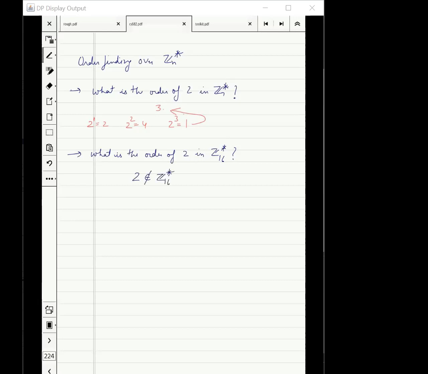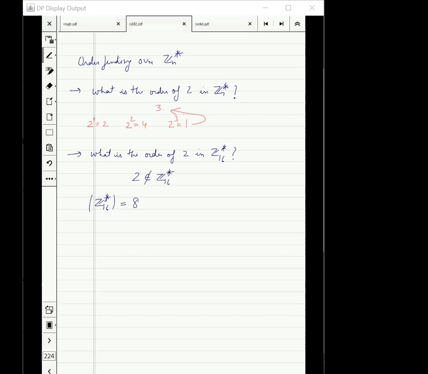This question is meaningless. Just to test whether you understand what Z16 star is. How many elements are there in Z16 star? Eight. Very good. Basically all the odd numbers, right? Those are the only elements in Z16 star.